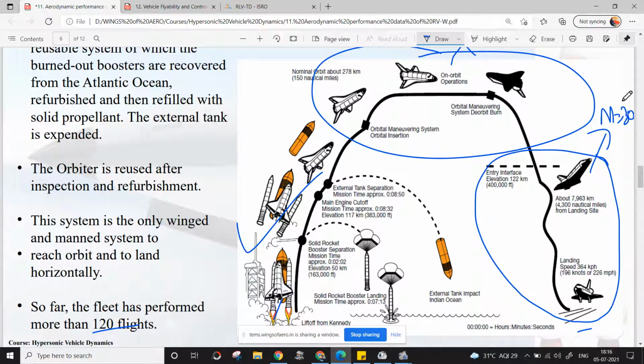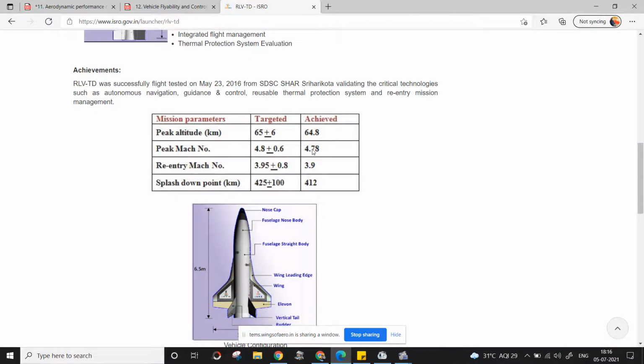Think about the work ISRO has to do. They need a better structure for the RLV, a better aerodynamic vehicle, good avionics instruments, and good stability and control, right? Flyability is also important.